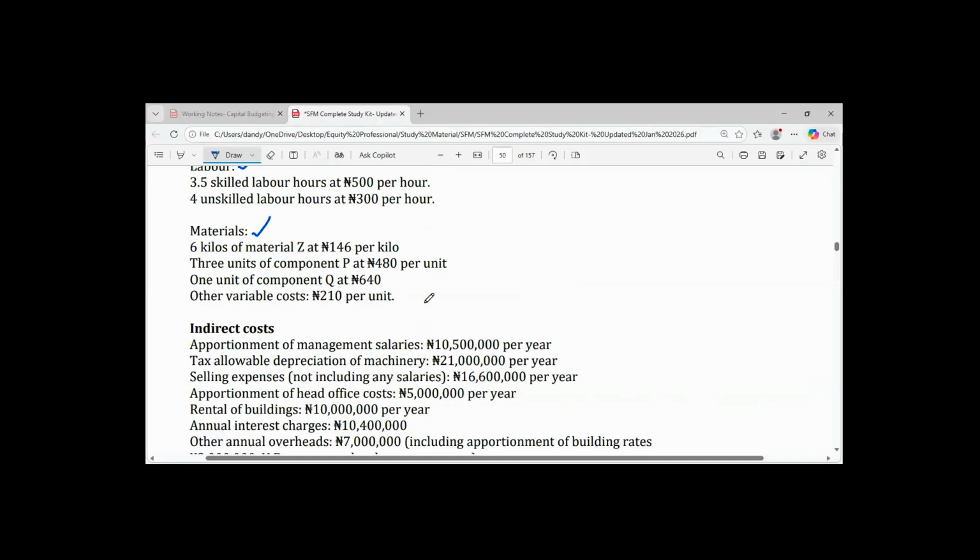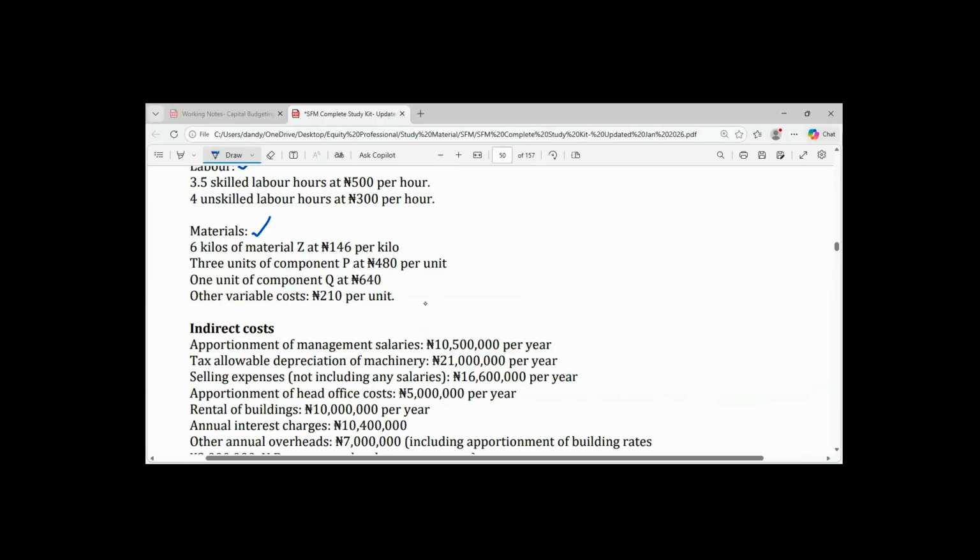In the requirements, you have to calculate internal rate of return. And you know that to calculate internal rate of return, you are going to carry out three steps. Step one is to assume two different discount rates that will produce a positive and negative NPV. Then step two, you calculate internal rate of return using the internal rate of return formula.